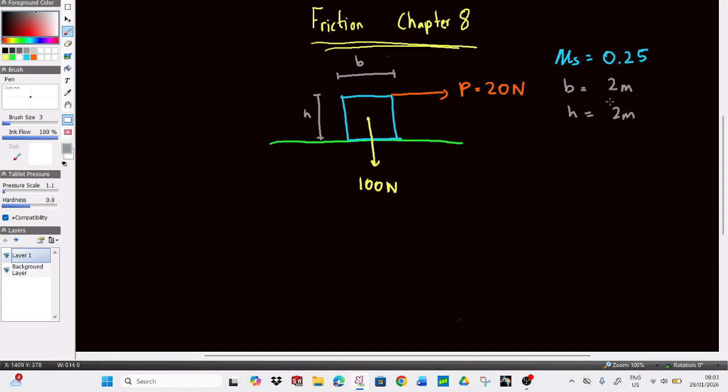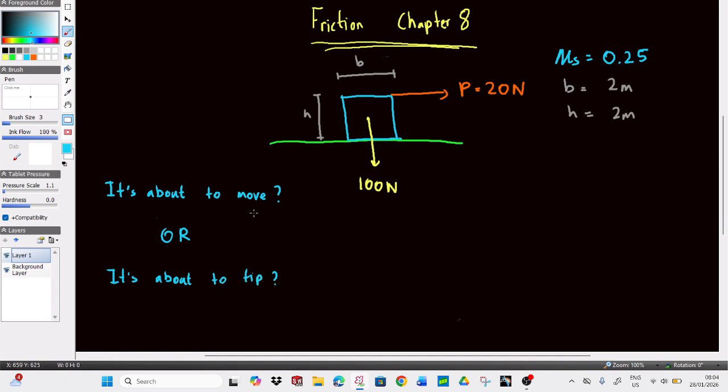We are interested to know whether this box is about to move, or whether it's about to tip.